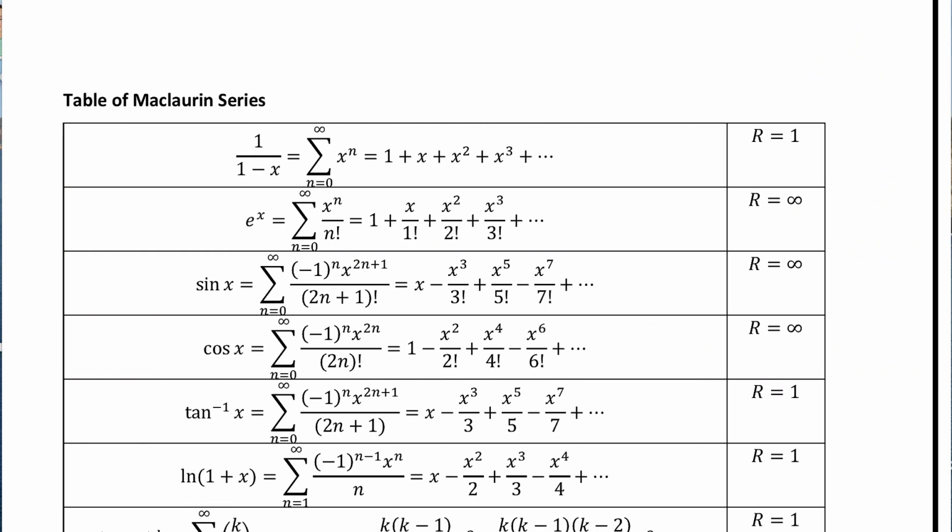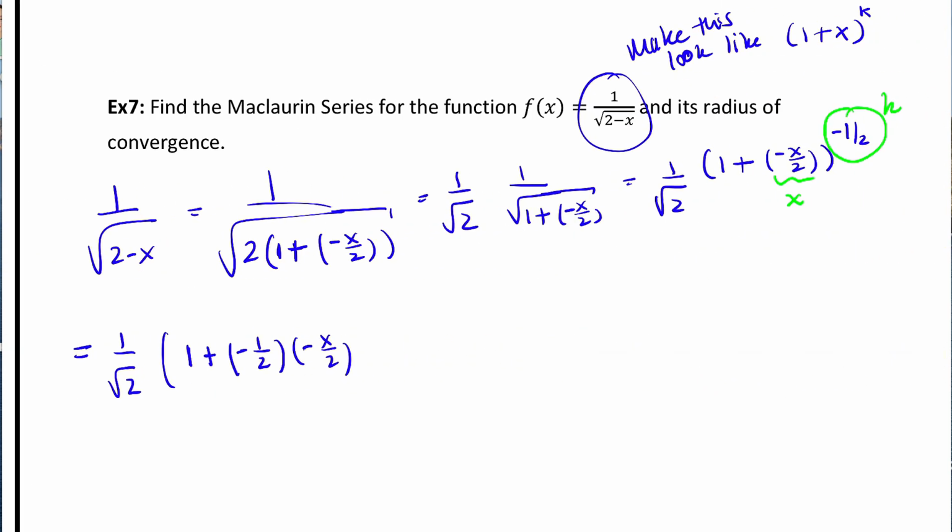And then what else do I have? It's plus k times k minus 1 over 2 factorial times my x squared, which is negative x over 2 squared, all the way to infinity, okay? So that's what I get.